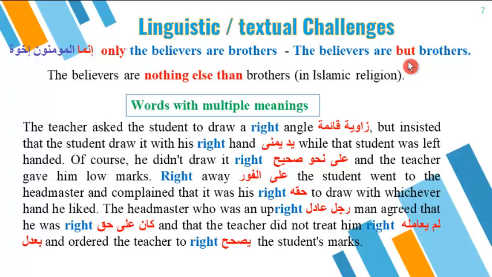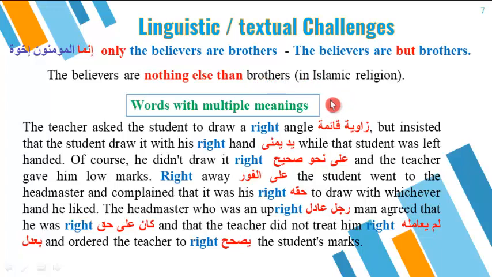This is a functional equivalent to innama. The meaning will become the believers are nothing else than brothers. If you think about the believers, nothing will apply to them except that they are brothers.